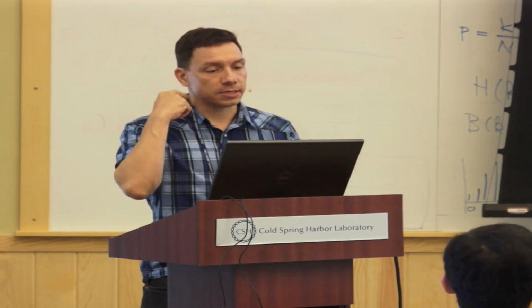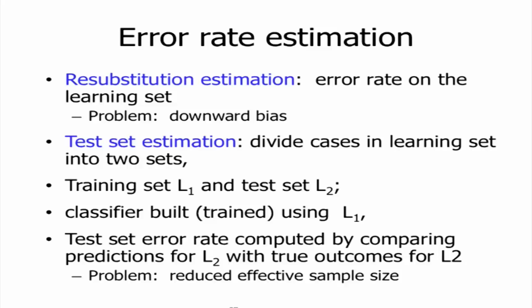So as I mentioned, the resubstitution error rate is estimated using the learning set, and the problem is it has a downward bias. It's overly optimistic. In contrast, the test set error rate is unbiased.